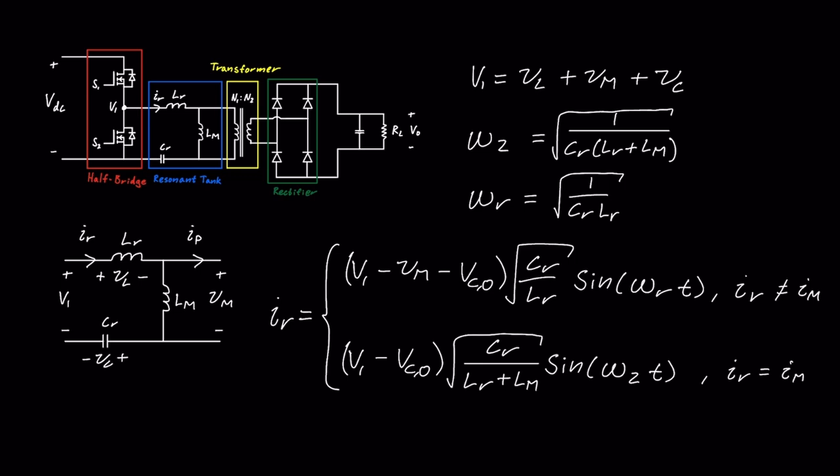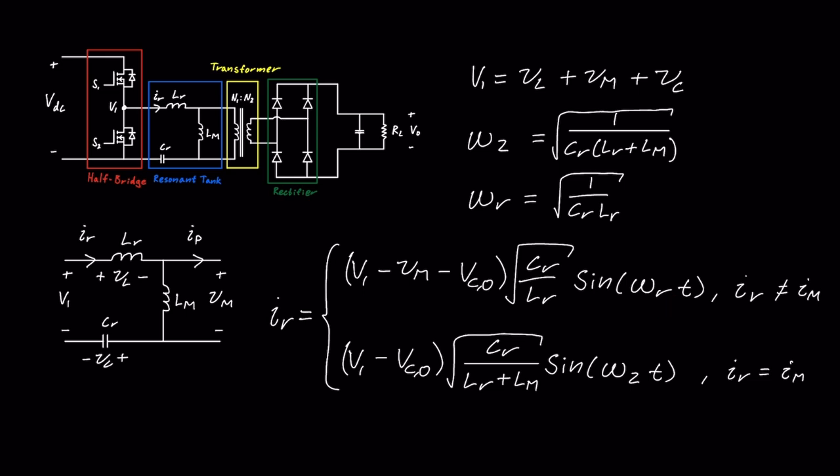Now, one disclaimer, this function is wrong. It's not correct, because LM is not included in the first one, and it's dependent on LM. And the output resistance is not included either. But the only thing that is wrong is the gain and also omega r.